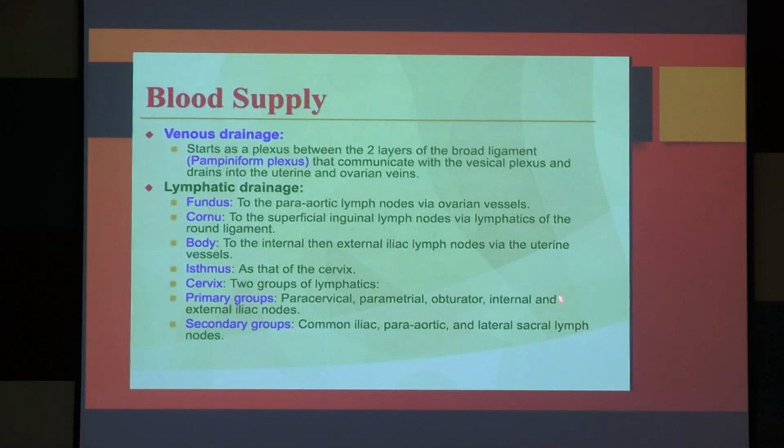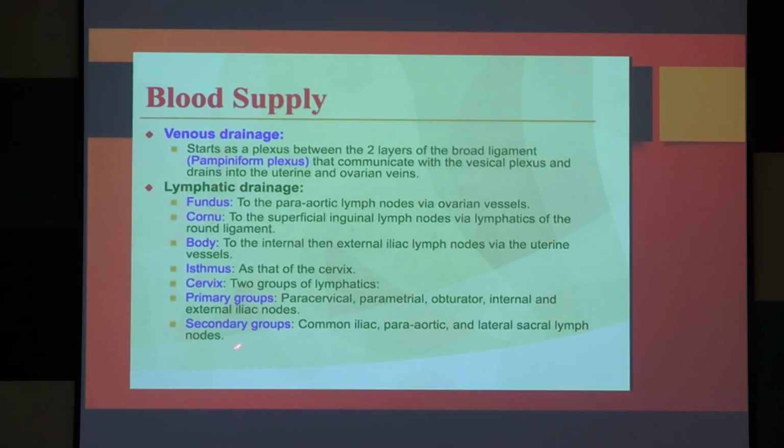So if you remove the internal and external nodes but do not remove the obturator node, the malignancy will spread from this node and there will be recurrent growth in the pelvis, because you failed to remove it. So the paracervical, parametrial, obturator, and external nodes may go directly from the cervix to the internal and external.